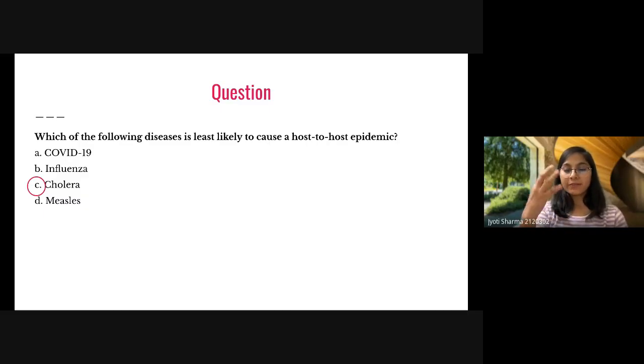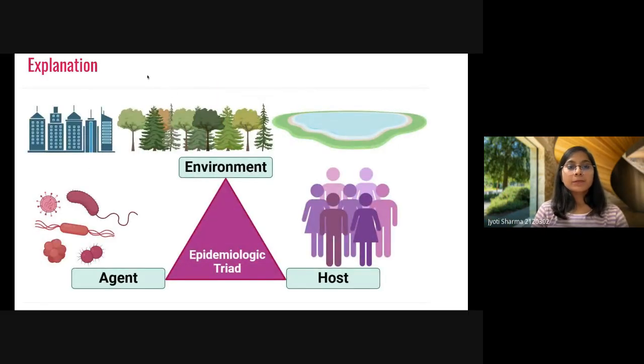If we are sneezing and transferring the virus in the air, and that air is taken in by another host, this is host to host, but cholera is not part of that. Just see here, this is a schematic diagram: we have some agent or microbe that can cause infection, then we have the environment, which can act as either the medium or even the carrier of this agent, and then the host gets that agent.